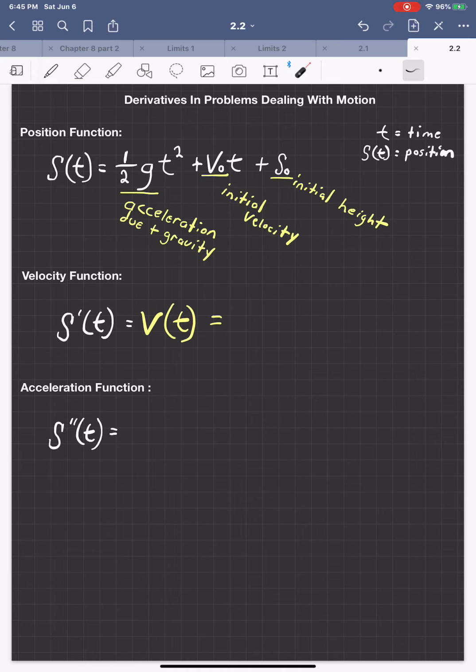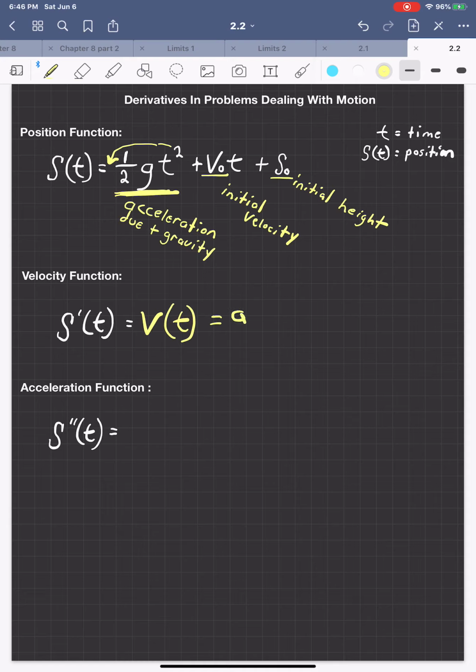Finally, all we need to know is the velocity function is just the derivative of your position function. So I'm going to go ahead and take the derivative above. If you take the derivative with respect to t, let's see what that looks like. Well, you would bring that 2 out front, so that would be half of 2, and then you would subtract 1 from the exponent.